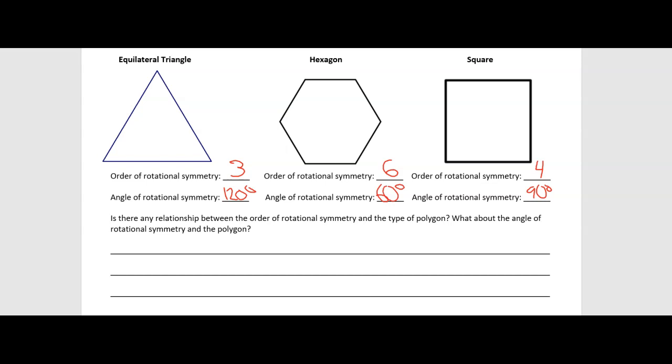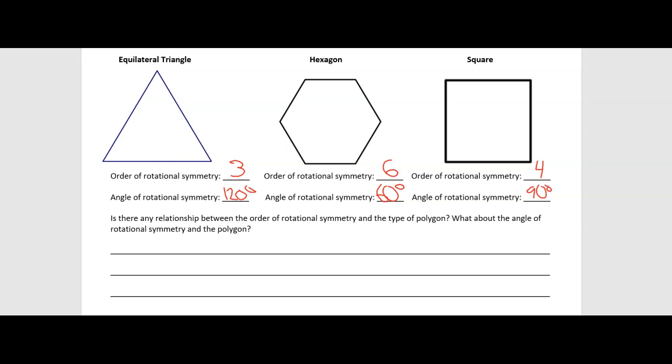So maybe you're already starting to see a pattern here between the order and what type of regular polygon it is, as well as the angle of rotational symmetry compared to what type of polygon it is. So take a minute or two, see if you can come up with a pattern or a rule to figure out, well, how could we figure out the order if we're just given a polygon?